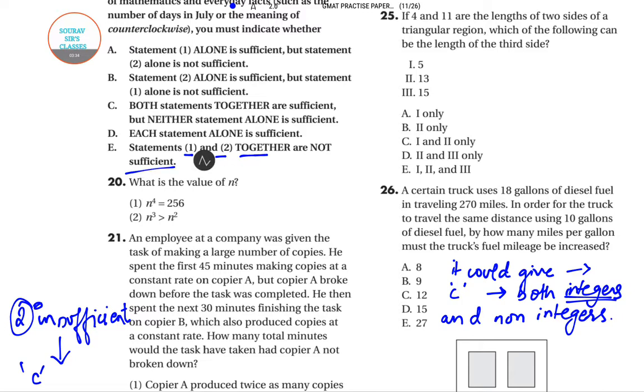That means the correct option that must be picked is option E.